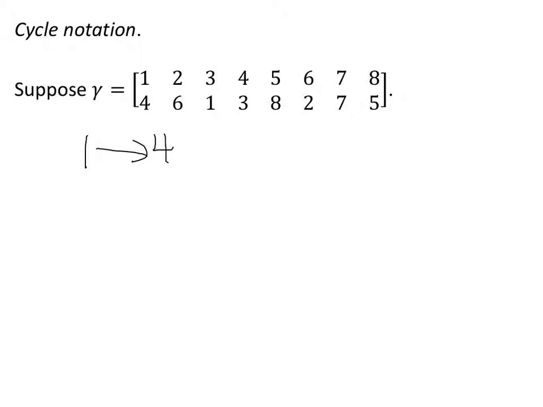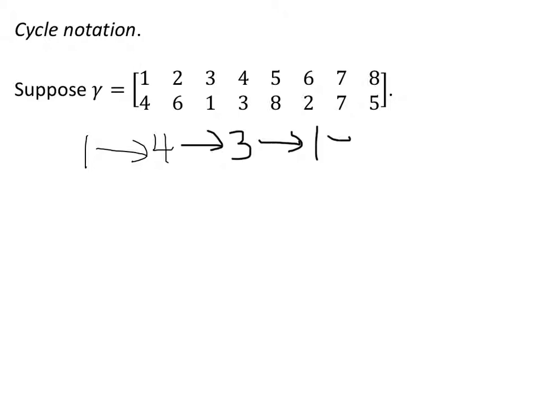Okay. Next, we want to know where 4 is sent. Well, 4 is sent to 3. See that? 1 goes to 4, 4 goes to 3, and now we need to know where 3 goes. Well, 3 maps back to 1. Oh. So wouldn't we just start this whole process over again?